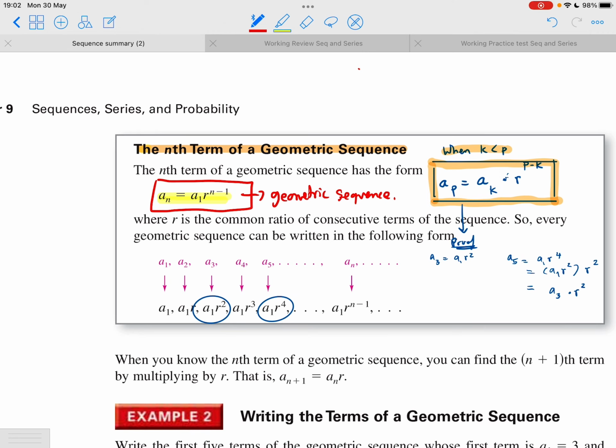And also, if you're not starting from the first term, then a_p is equal to a_k times r to the p minus k. For example, a10, let's say if we start from a4, it's going to be a4 times r to the 10 minus 4, which is a4 times r to the 6.